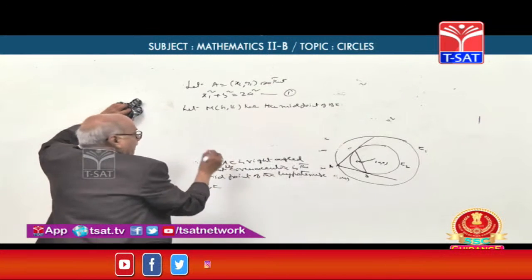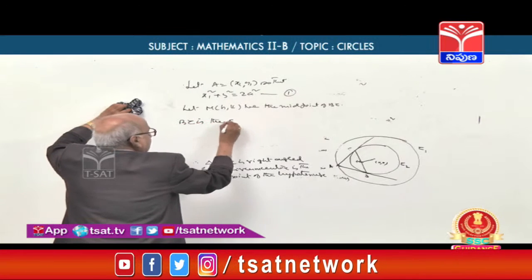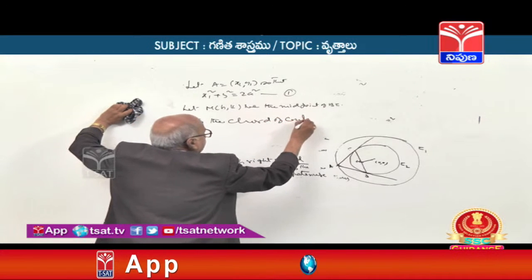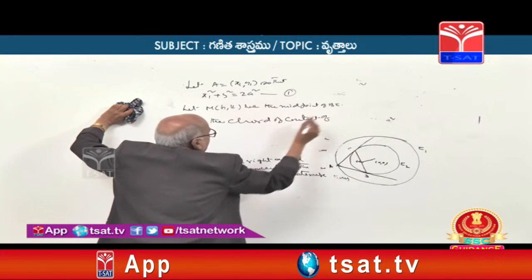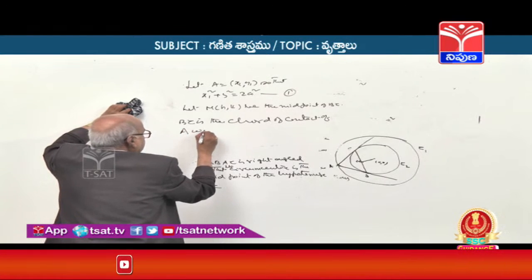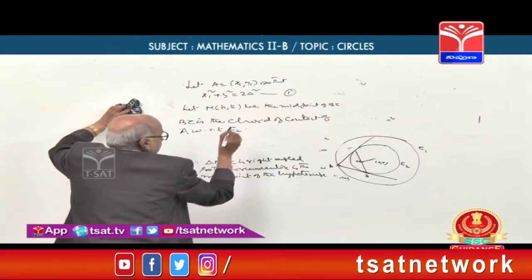Now, you know that BC is the chord of contact of A with respect to C2.